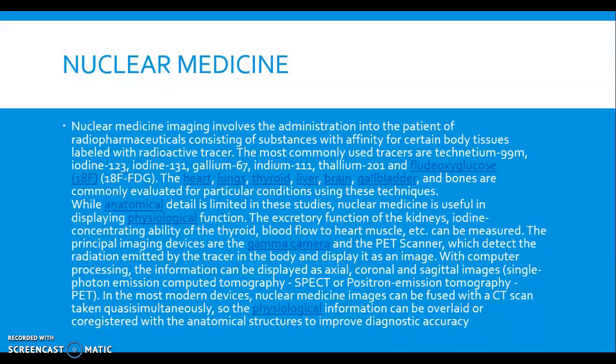A half-life is the amount of time it takes for the original dose to be halved. For example, technetium has a 6-hour half-life. So if a patient is injected at 8 o'clock with 20 millicuries, being the unit of measurement, 6 hours later it would be 10 millicuries.